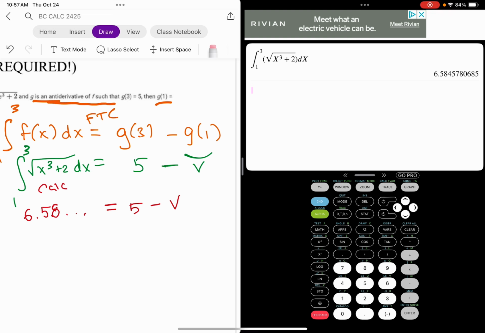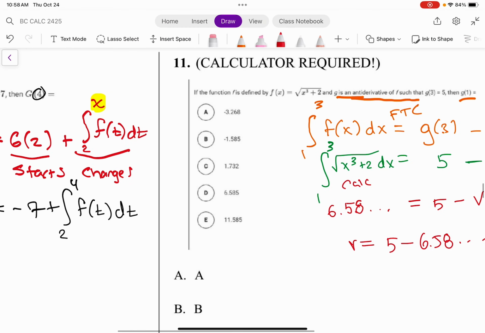So that tells you the value we're looking for is just 5 minus, I'm blowing it on the easiest part, 5 minus this 6.58 whatever. So we do 5 minus this answer, and we get negative 1.585, and that I believe is B.